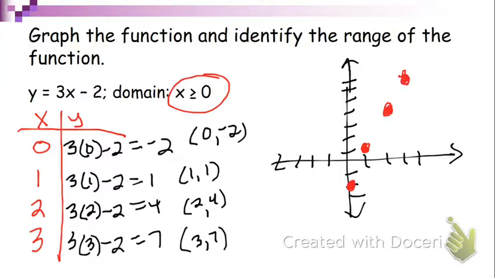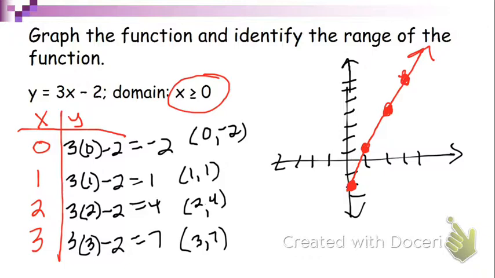Okay, notice they're in a straight line, but remember we said we're going to draw a line. However, we have to stop at where x is 0. X has to be greater than or equal to 0. So we can't go to this side at all. So if we start here, it'll actually look more like a ray. So x is going to be greater than or equal to 0.